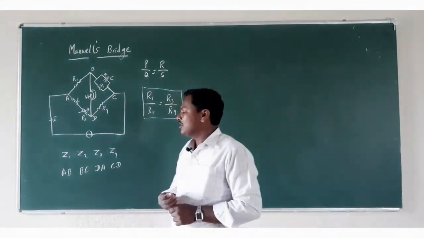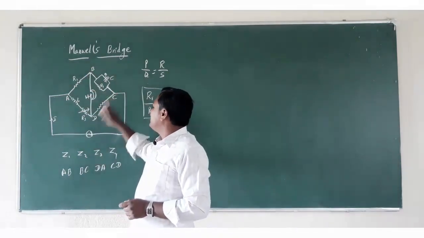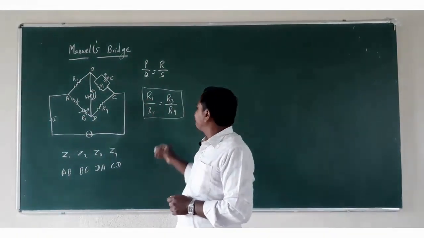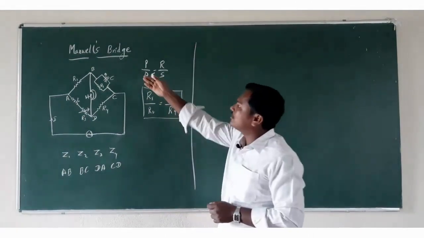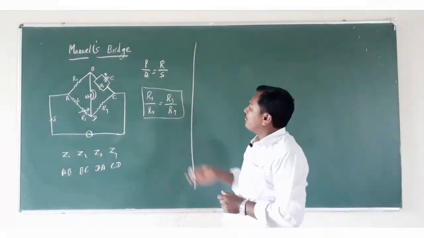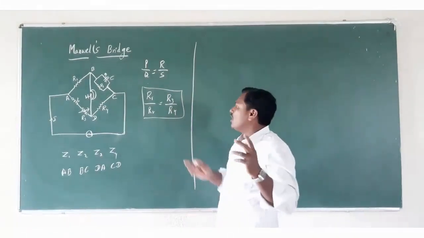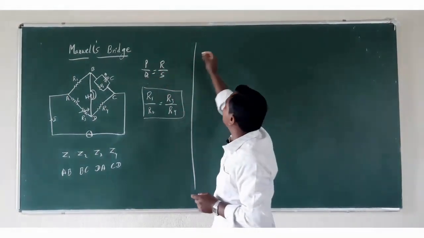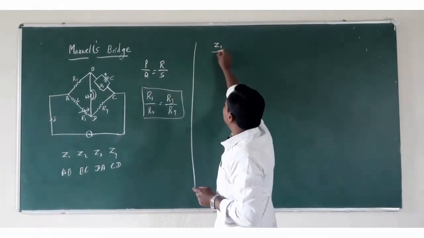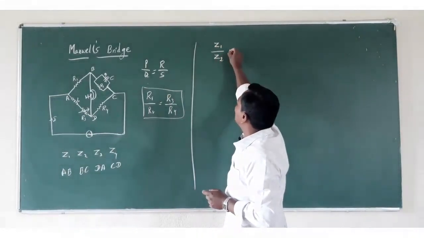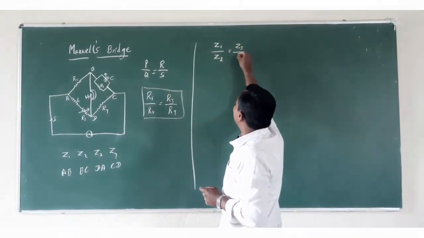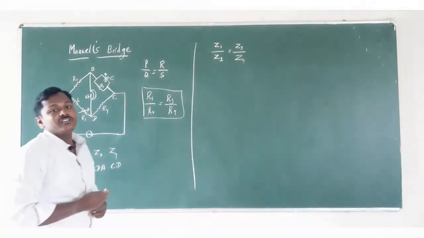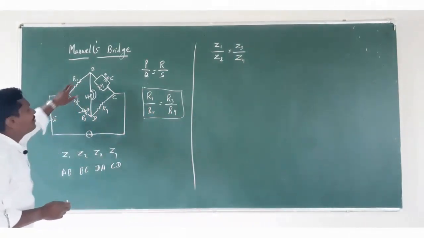Here we know the condition for the Maxwell's bridge from the condition for a Wheatstone bridge network. The condition can be represented by Z1 divided by Z2 is equal to Z3 divided by Z4. But we have to know the values of impedance for each branch.